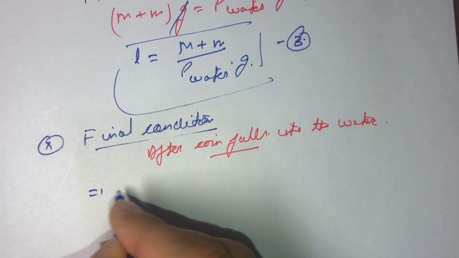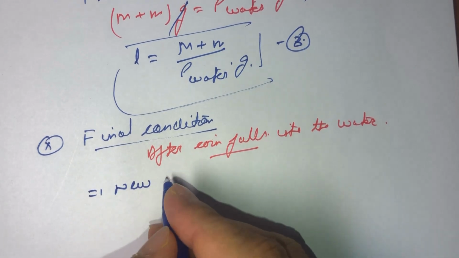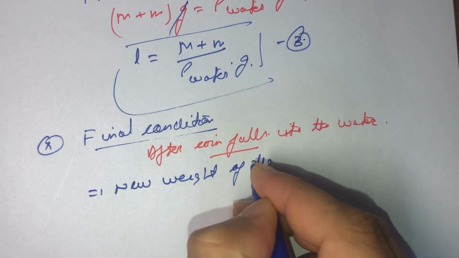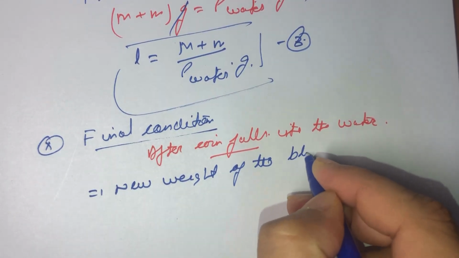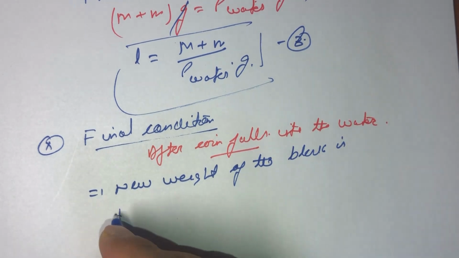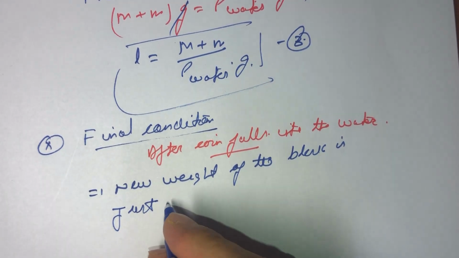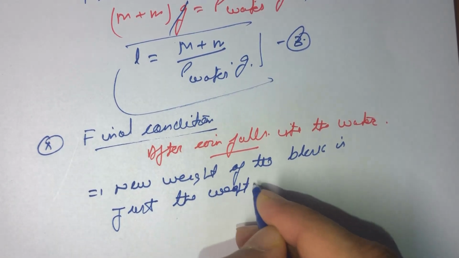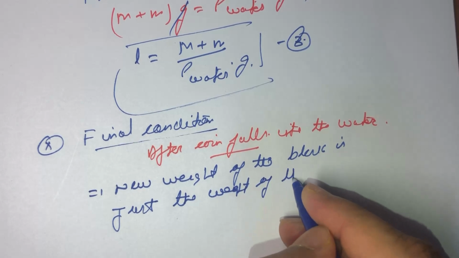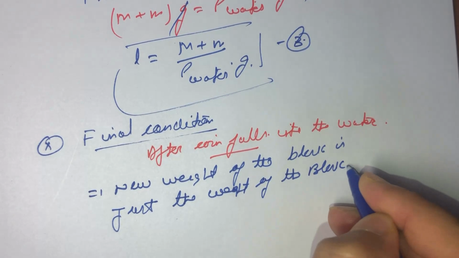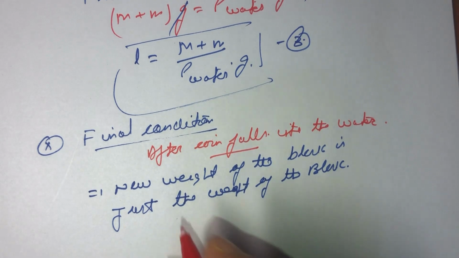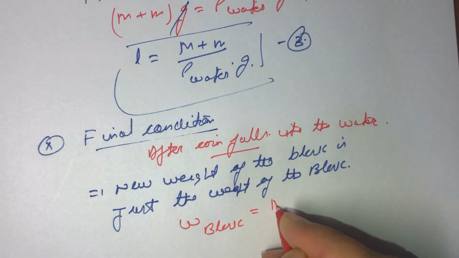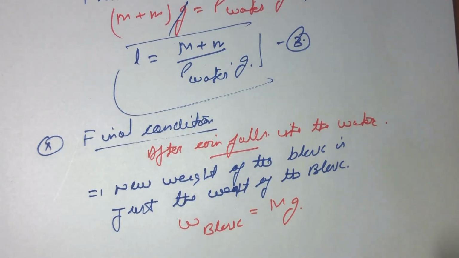Therefore we can write the new weight of the block is equal to mass multiplied by g, where m is the mass of the block.